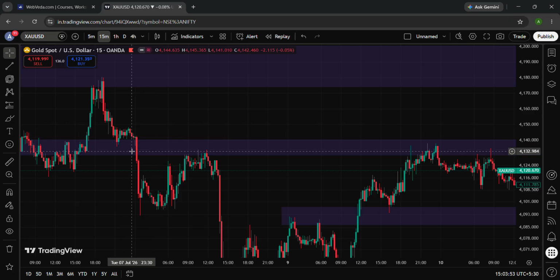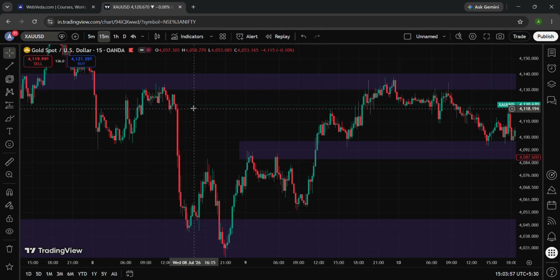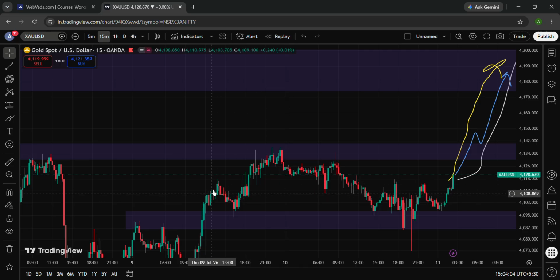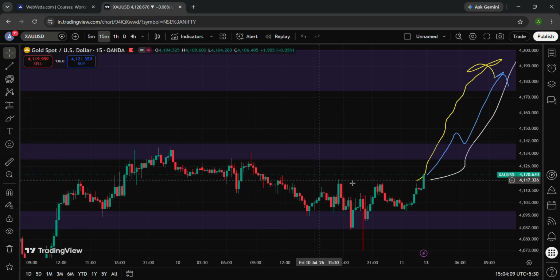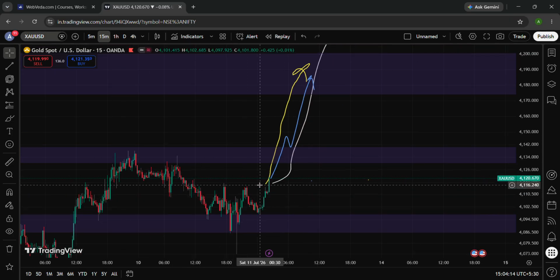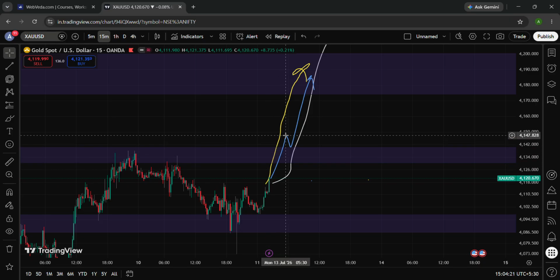This was a support zone, price broke down, and then it became a resistance zone for the market, and it still is a resistance zone if you see the candles visibly, right? So on the 15-minute chart, price says wait, let it break that resistance zone, and if the price breaks that resistance zone, then you can make your long positions from there, right?